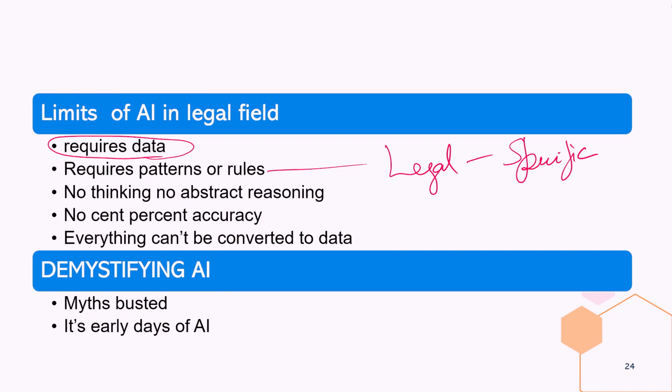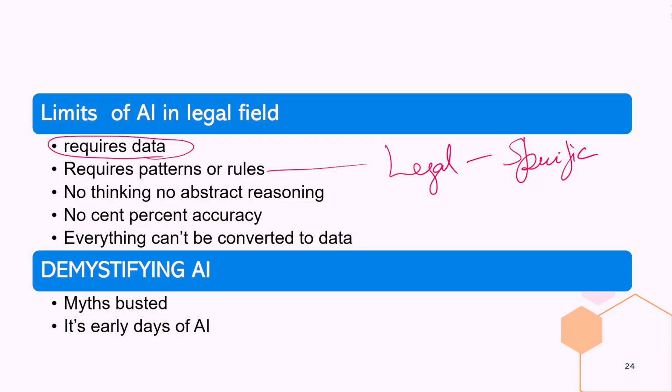So in the absence of uniform or unequivocal patterns, it is very difficult for AI to efficaciously work in the legal field. Then there is no cent percent accuracy.